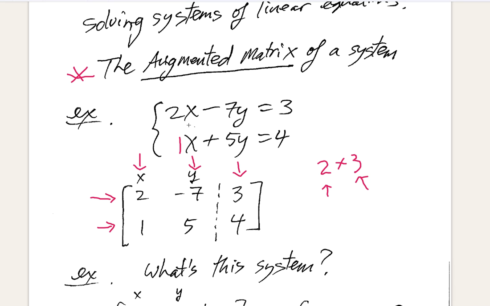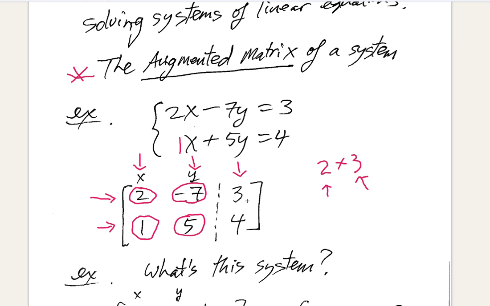I labeled the first column x. The first value is 2 in the first equation, so that's 2x. This value is 1, so we've got 1x in the second equation. To that we're adding negative 7y, so I've labeled the second column y. And in the second equation I've got 5y, so I have 5 in the y column there in the matrix.